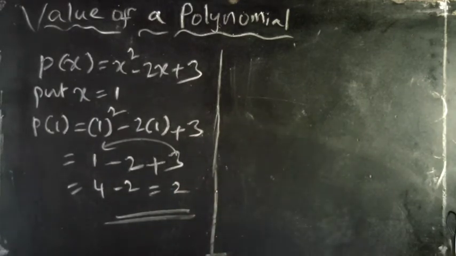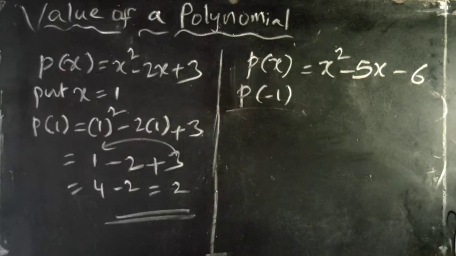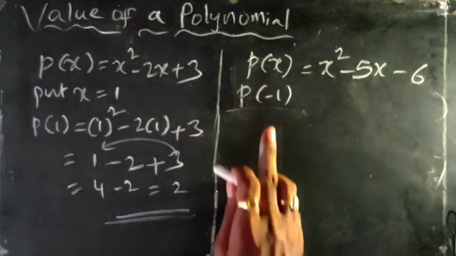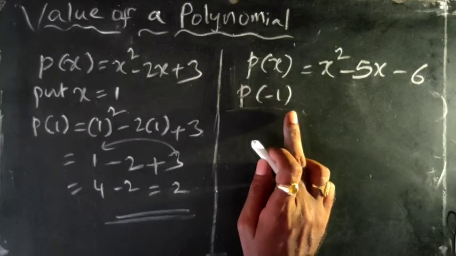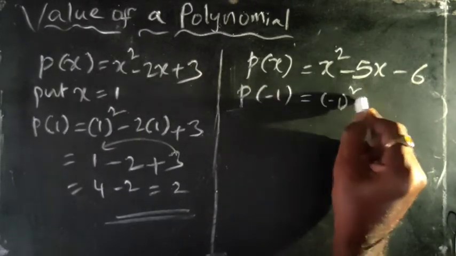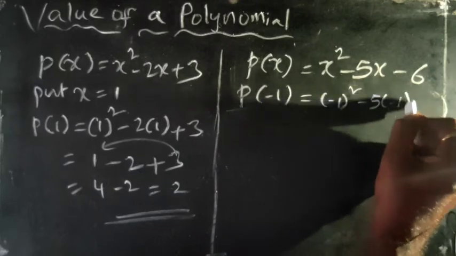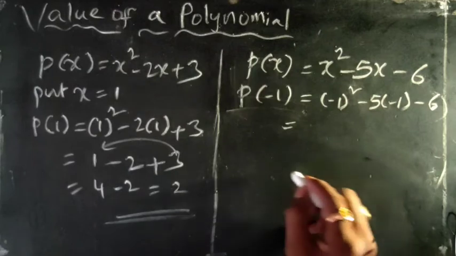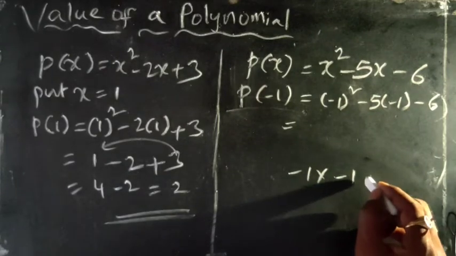Now let us consider one more example. p of x is equal to x square minus 5x minus 6. Okay. So p of minus 1 is equal to, now replace x by minus 1, then it becomes minus 1 whole square minus 5 into minus 1 minus 6. Minus 1 whole square means minus 1 into minus 1, that is how much? Plus 1.